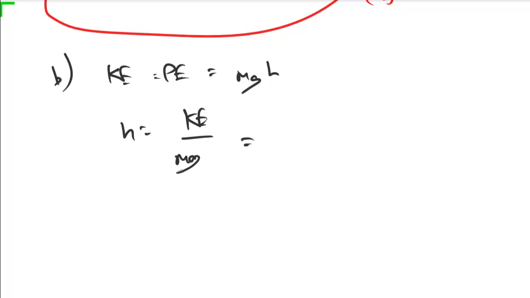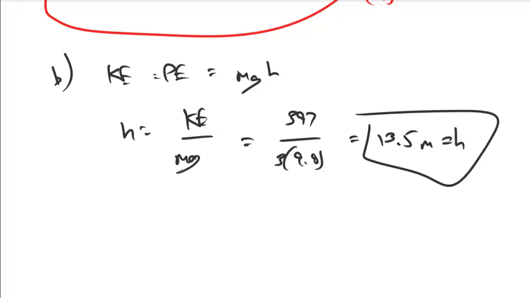So this is 397 divided by 3 times 9.8, and that comes out to 13.5 meters is the equivalent height. So this is part B: if I had 3 kilograms of this material and I dropped it 13.5 meters, it'd be the same amount of energy as this thing in this shape, spinning.